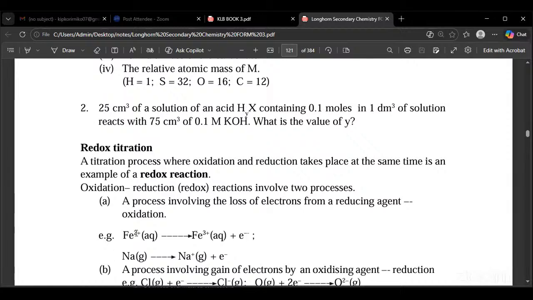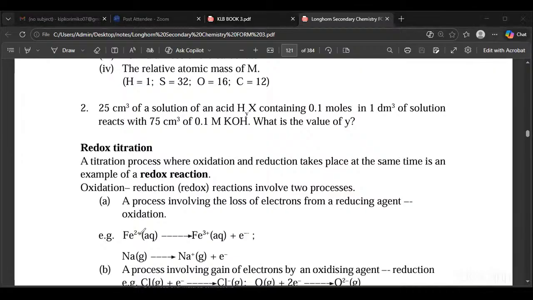So let me just explain what has happened here, and let me show you what oxidation means. You see, this one was positive 2, and after the reaction it becomes positive 3. What has happened to this one is oxidation.